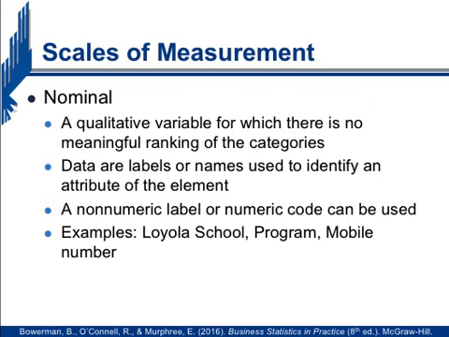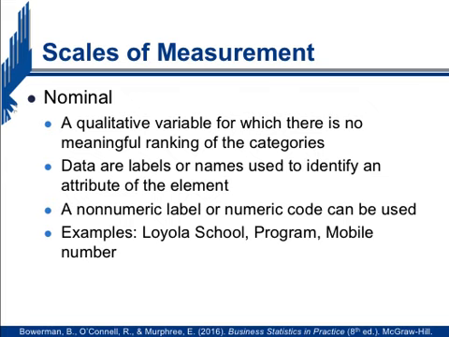Now, data are labels or names used to identify an attribute of the element. Usually, it refers to the value of the variable itself. And here, a non-numeric label or a numeric code can be used for the nominal variable.